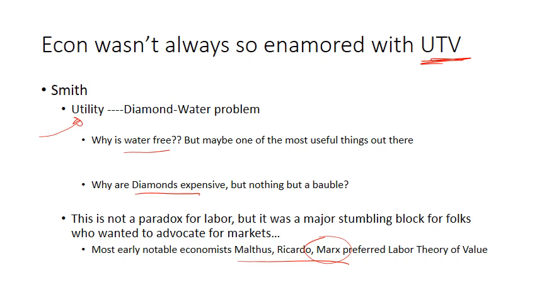This was a huge problem for anyone who still wanted to advocate for markets. And it became obvious that if you were going to advocate for markets, you needed to be able to explain markets with another theory other than the labor theory of value.